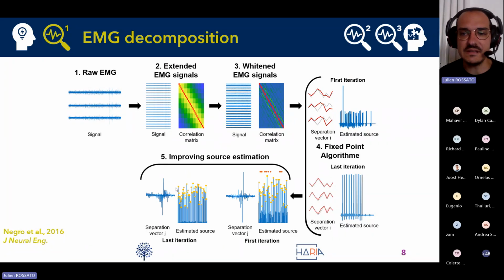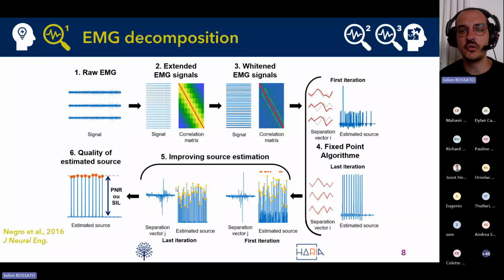The estimation of these sources is then refined using the fact that the discharge frequency of the source, which is the motor unit, should be stable during the force plateau. Finally, the quality of the extracted source is calculated in order to decide whether or not it is the activity of a motor unit.